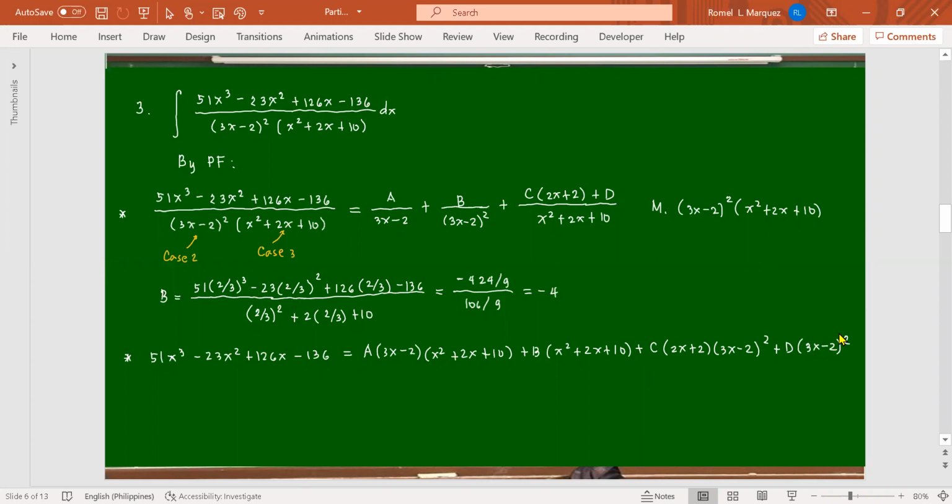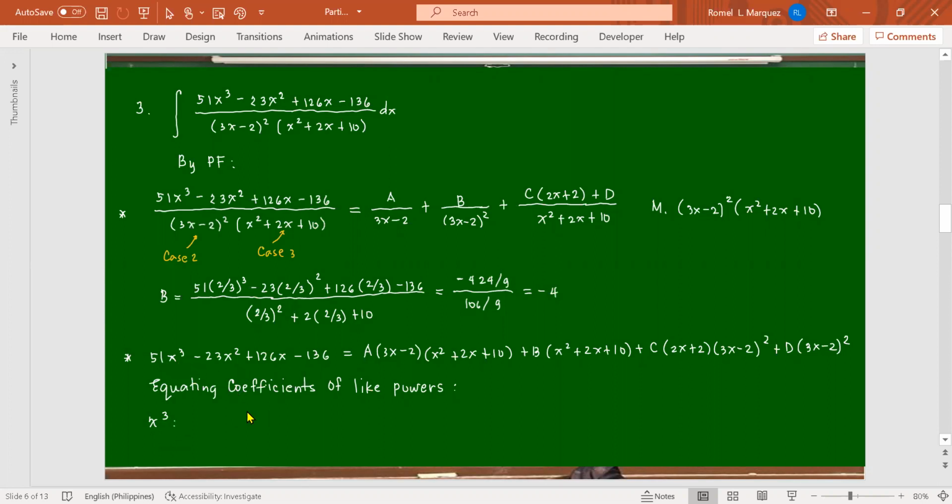Okay. So equating coefficients of like powers of x. Okay, guys? So let's start with x cubed.